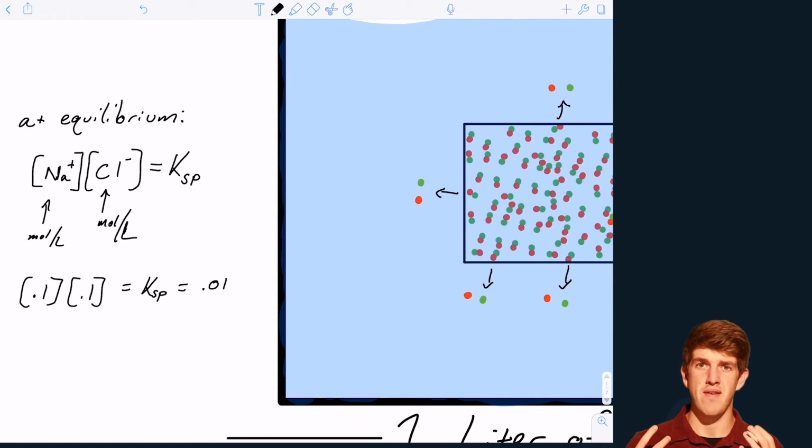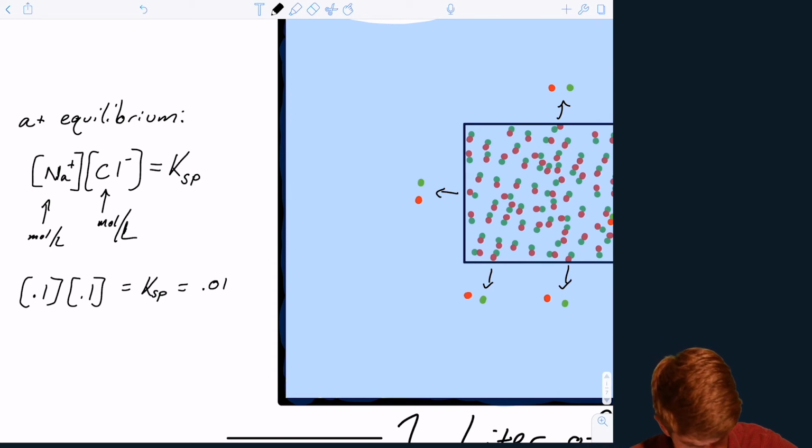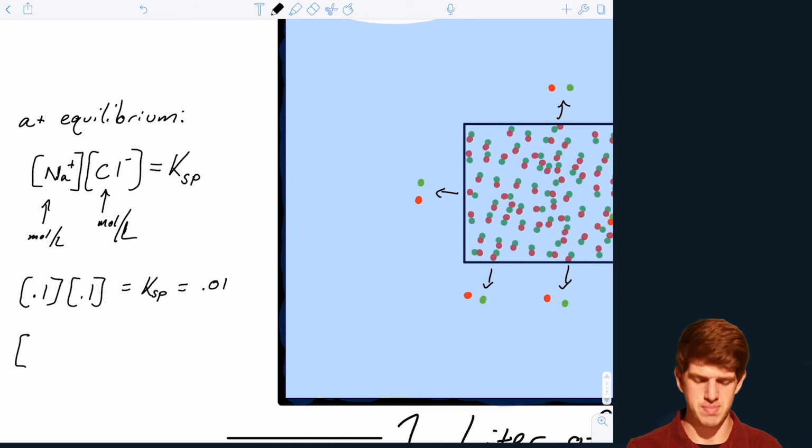So if I have 0.1 moles of both the Na+ ion and Cl- ion, my Ksp would be 0.01. Now what happens if I find out that my solution can only handle 1/10 as much?